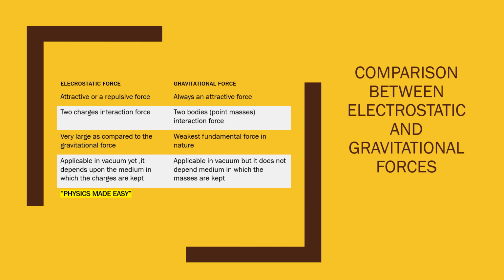Electrostatic force is very large as compared to gravitational force, and gravitational force is the weakest fundamental force in nature. Electrostatic force is applicable in vacuum, yet it depends upon the medium in which the charges are kept, whereas gravitational force is applicable in vacuum, but it does not depend upon the medium in which the masses are kept.